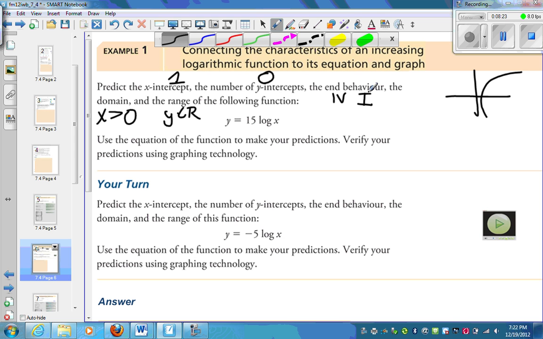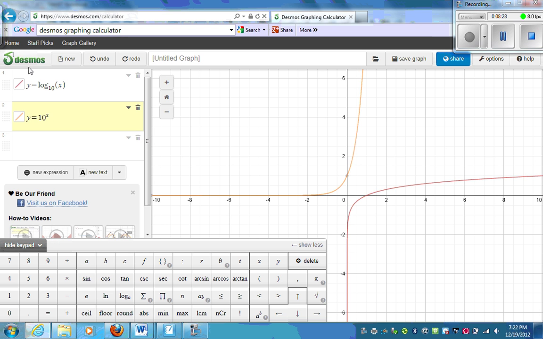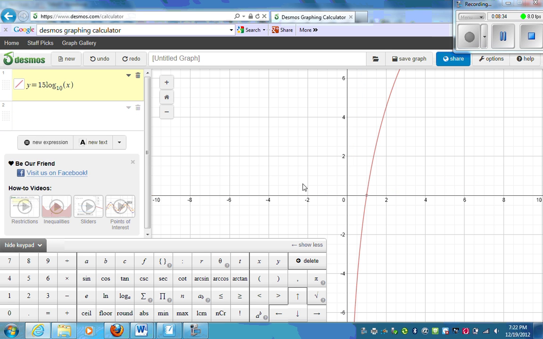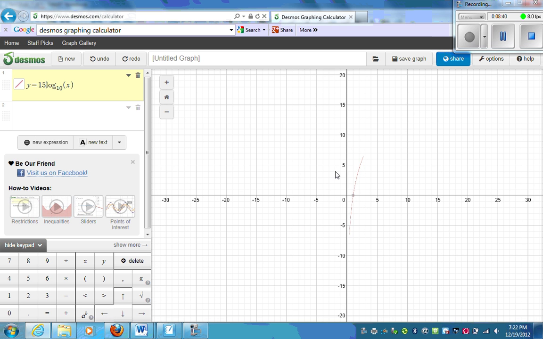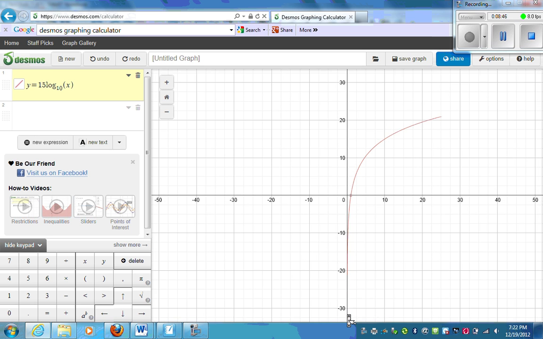And let's see if we can graph that and see if we were right. y equals 15 log x. So we're just putting the number 15 there. We're going to delete that one, so we're only looking at the one we want. Looking at this, we said there was an x-intercept at 1. Very good. We said that there's no y-intercept.